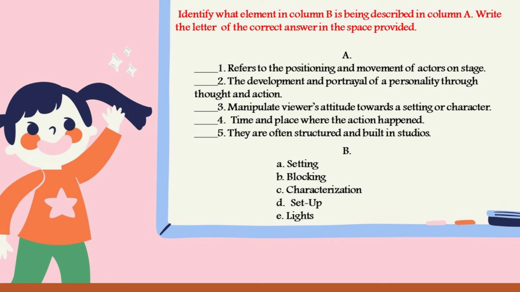Number 2, the development and portrayal of a personality through thought and action. Number 3, manipulates viewers' attitude towards a setting or character. Number 4, time and place where the action happened. And number 5, they are often structured and built in studios.